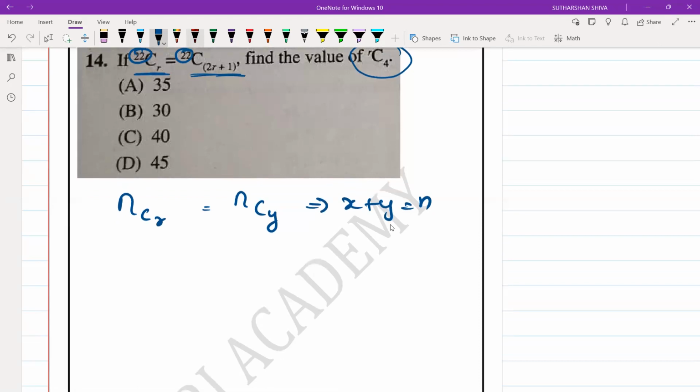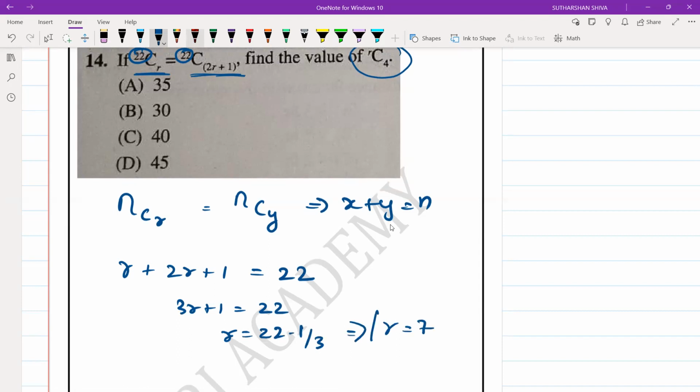So I will write down R plus 2R plus 1 equal to N, that is 22. Correct. 3R plus 1 is equal to 22. R will become 22 minus 1 divided by 3. Finally, R will become 7.